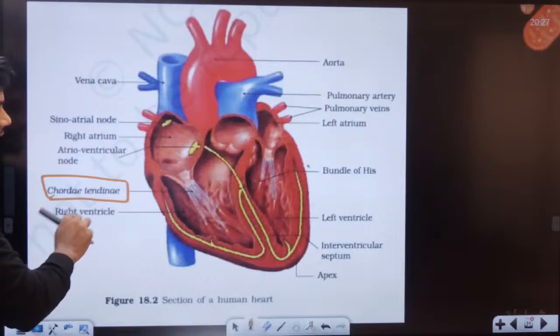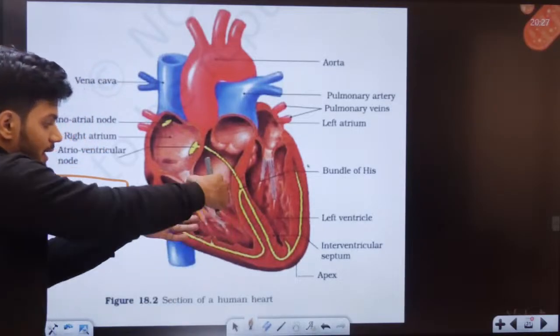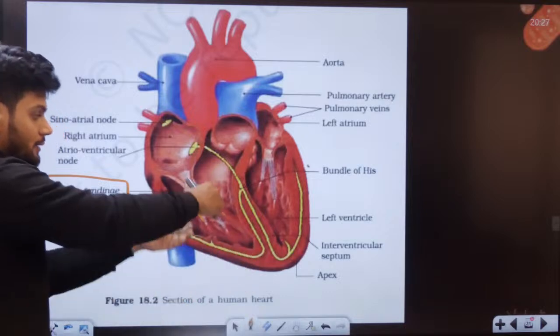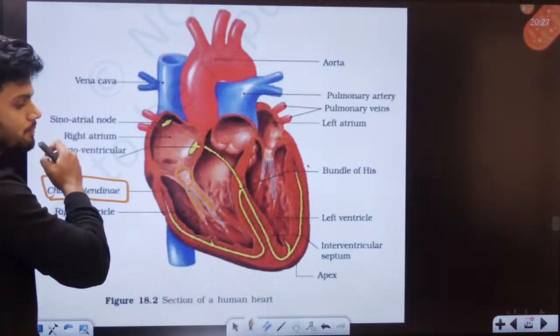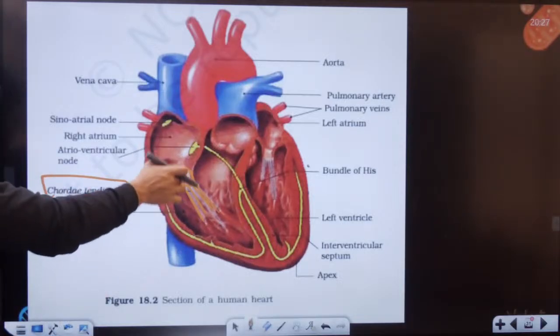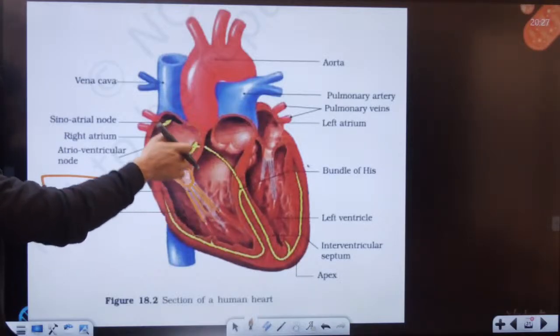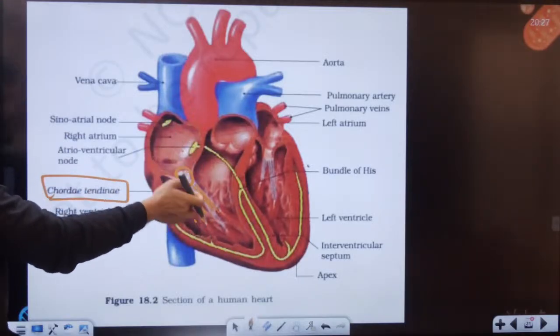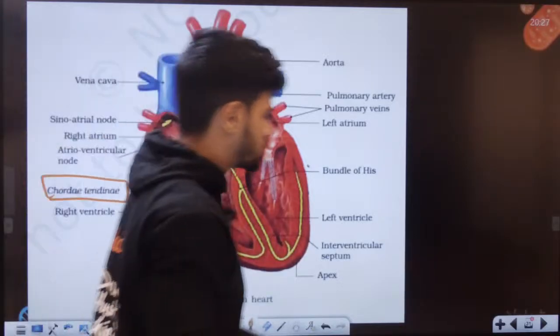Now what will these chordae tendineae do? These are small fibers. These fibers are pulled so that this particular valve opens up. Now between your right atrium and right ventricle, we can see something called the tricuspid valve. Is it mentioned anywhere, students? Not mentioned? Okay, we'll come to that image.